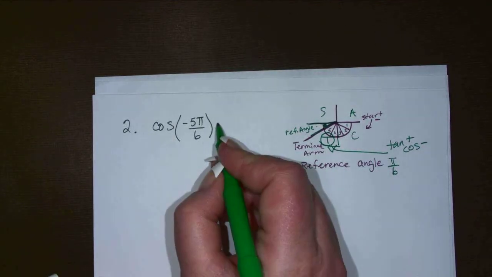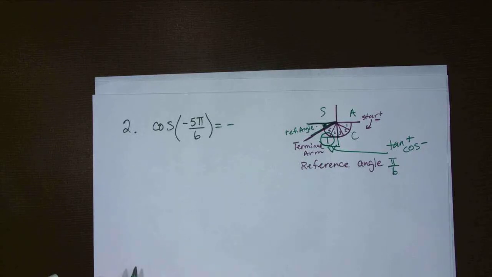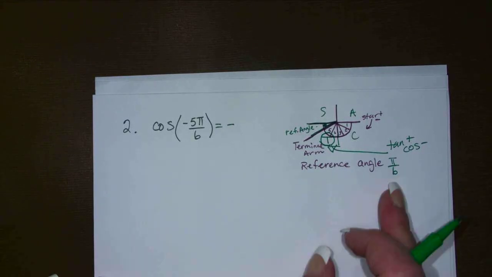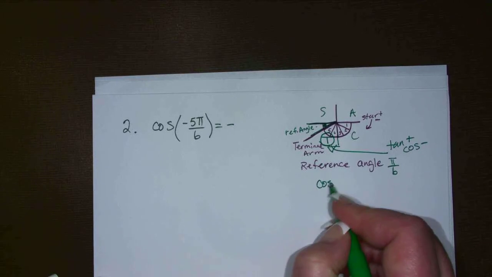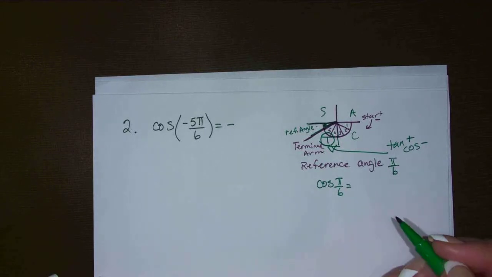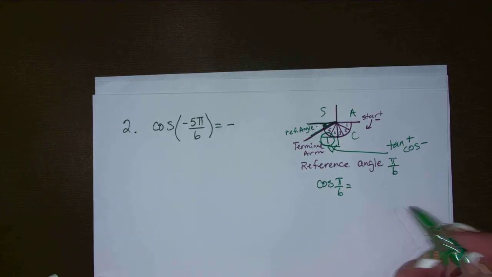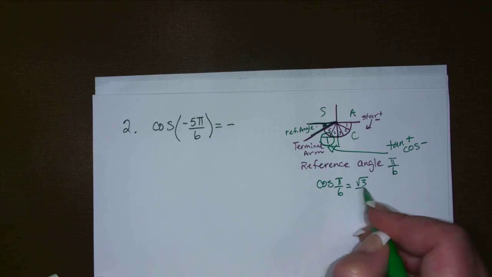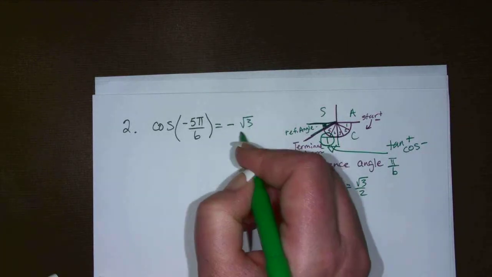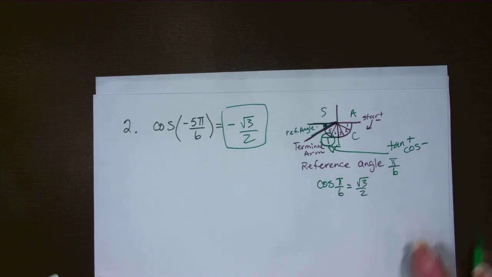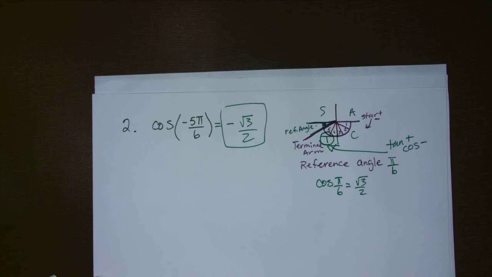So our answer is negative, because of the quadrant we landed in, T, not the cos one. And our value is whatever cos of pi over 6 is. Root 3 over 2. So there's your answer. So you draw it, use the CAST rule, and just look up the value. The CAST rule gives you the sign, and the table gives you the value.